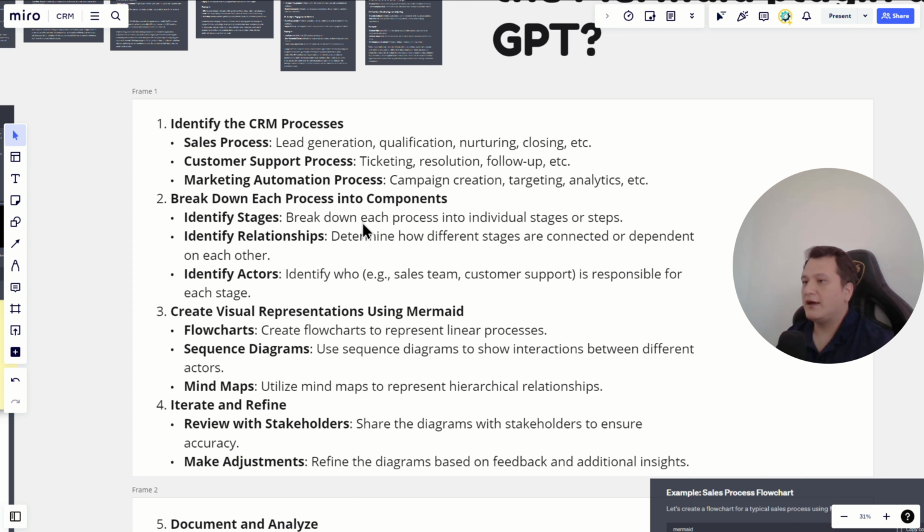For the CRM, we have the three main modules, as I explained in the beginning: the sales process, the customer support process, and the marketing automation process. We break down each process into identifying the stages, the relationships behind them, and the actors who are going to be responsible in each stage.